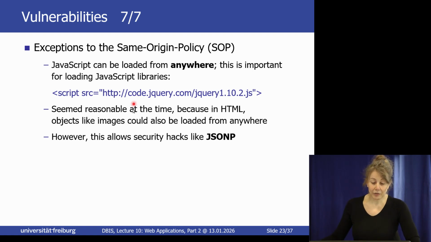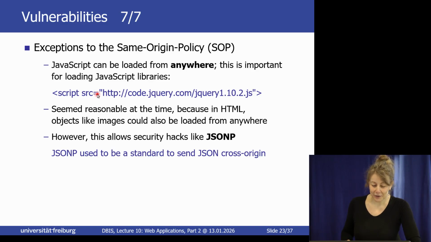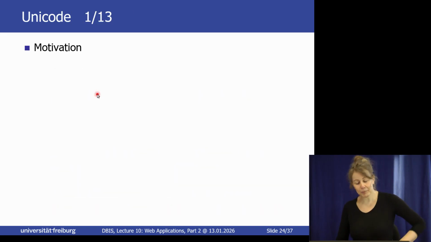And in fact, one of the early web standards, JSON-P, exploited this exception, but it's no longer needed. There are so many weird things about this, just in case you want to read up.